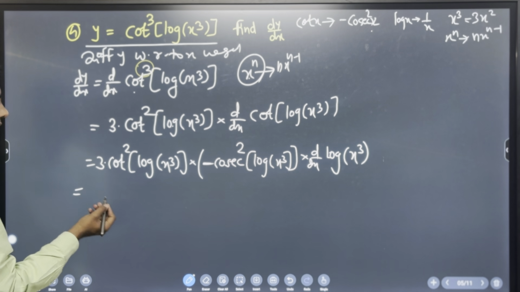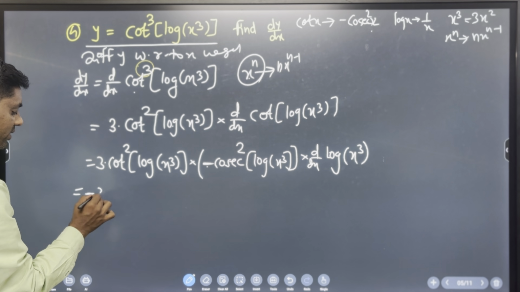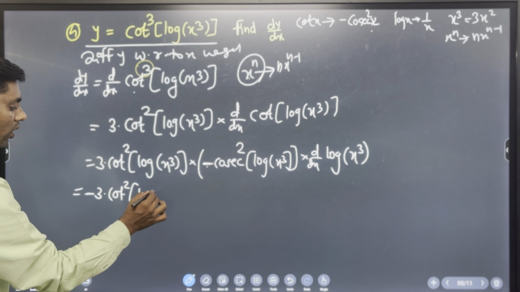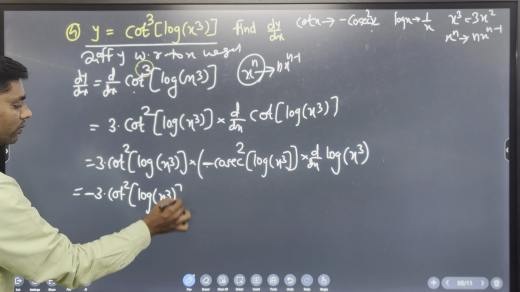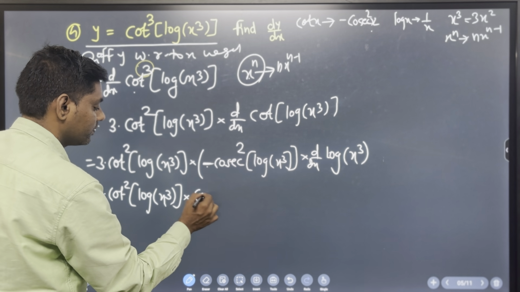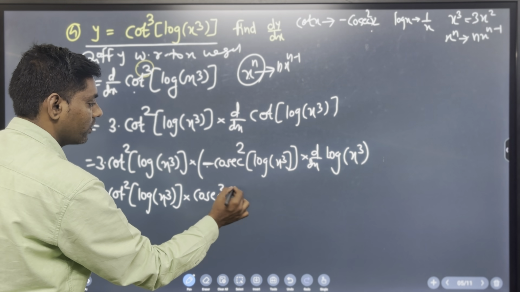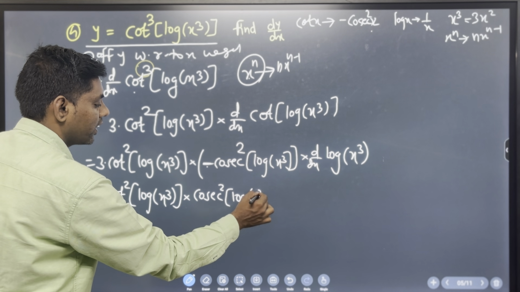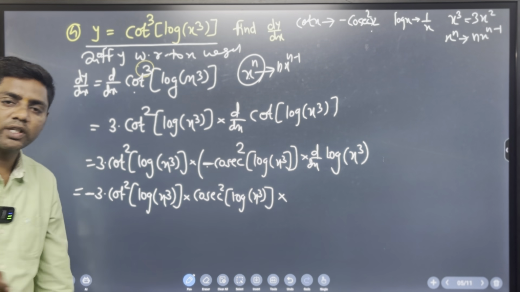Now the minus sign is there: minus 3 times cot square log x cube, and then cosec square log x cube, bracket complete, into the derivative of log.